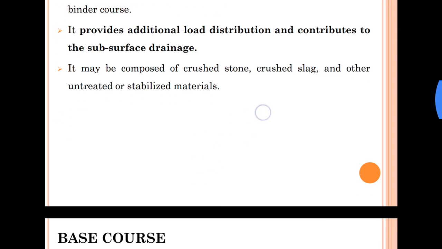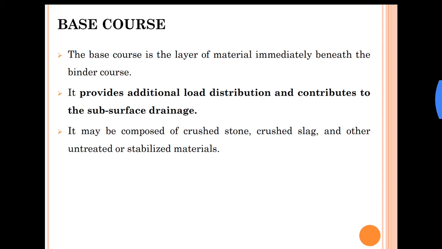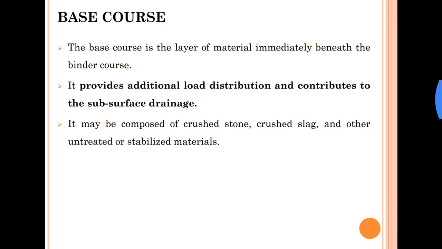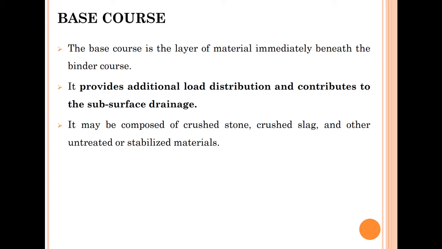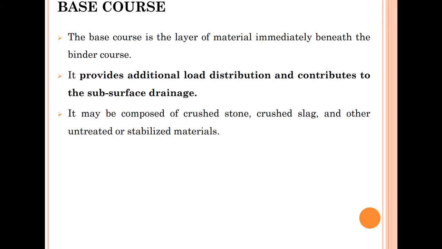Okay, so basically it is made out of aggregates and dust, and we can add water to this layer and compact it to improve its strength. Okay, so this layer is an additional layer for load distribution, and also contributes to the subsurface drainage.